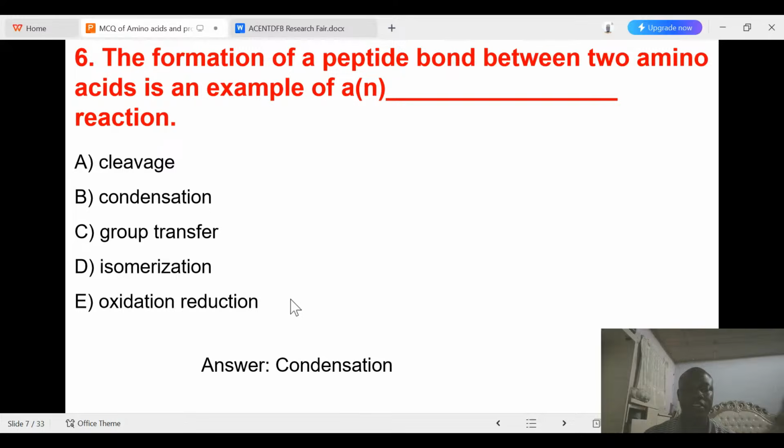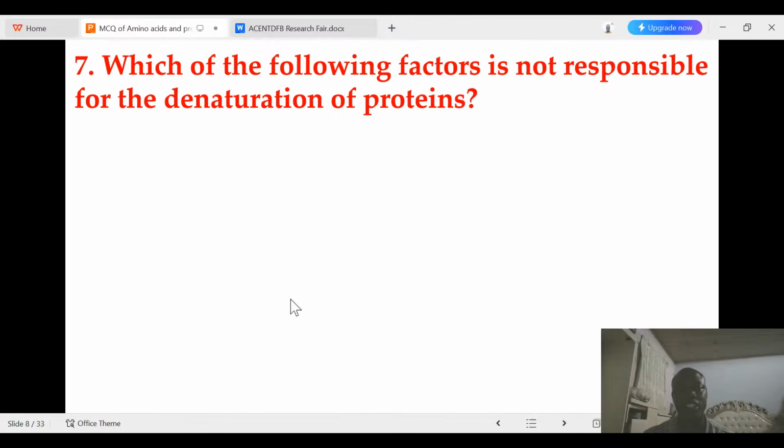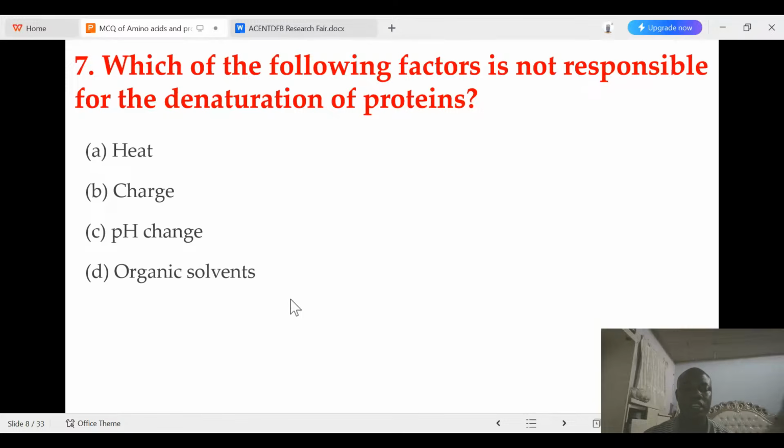Question 7. Which of the following factors is not responsible for the denaturation of proteins? A, heat. B, charge. C, pH change.